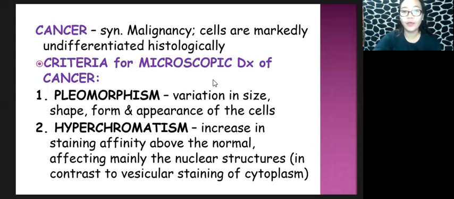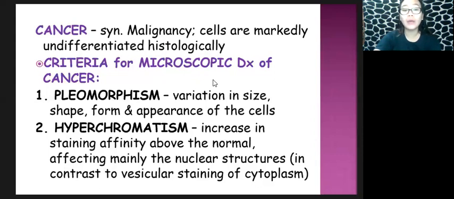And we all know that the difference of your malignant cells from your normal cells is that your malignant cells are markedly undifferentiated. So that means they remain to be immature cells. And so, what are some of the abnormalities that we are able to see in your undifferentiated or immature cells, which are indicative of cancer?